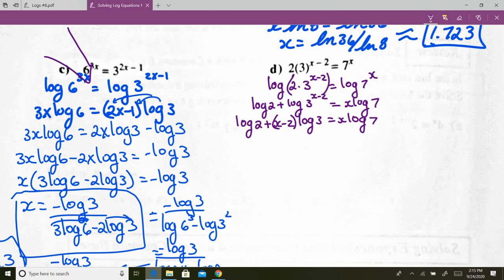And then you have to FOIL in the log 3, or distribute it. So I get log 2 Okay, now what do we do?